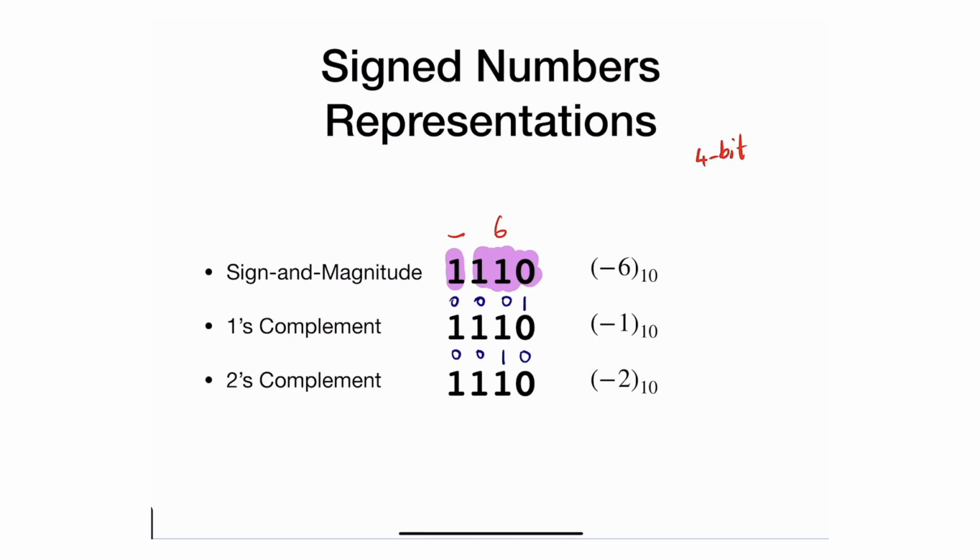As you see here, the same sequence of ones and zeros is interpreted completely differently by different representations. This is a pattern in digital circuits and in computers in general: a sequence of ones and zeros can be interpreted differently depending on what you want to do with them.